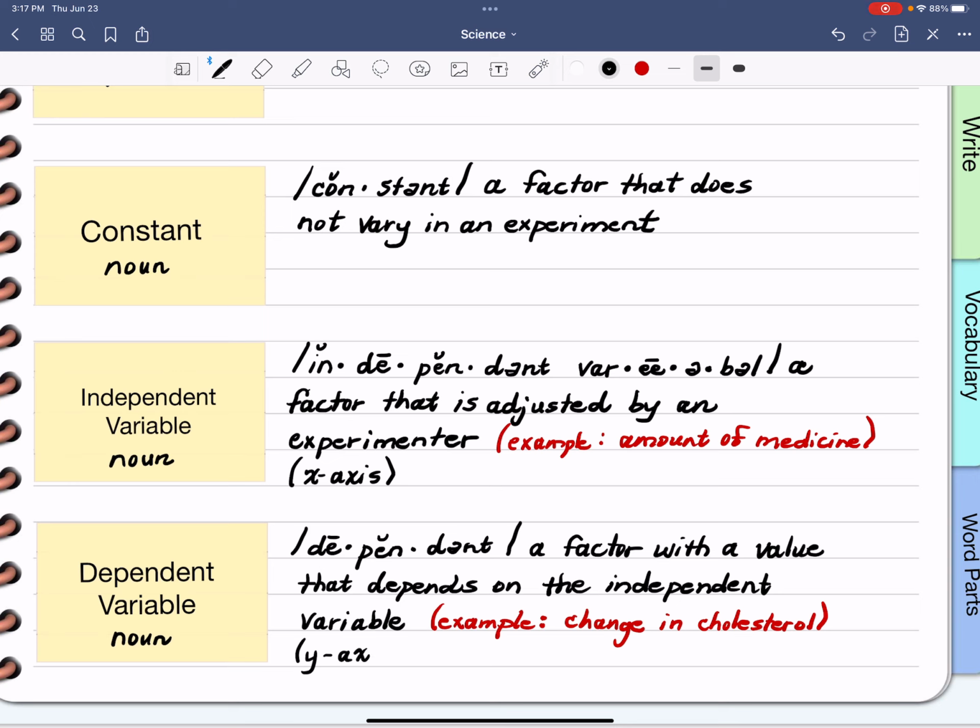So the thing that your experimenter controls is always going to be on the x-axis. And the x-axis runs left to right. The y-axis runs up and down. So we can go ahead and put that in there. This is x, and this is y. And again, I promise I'm going to show you how that works. Just hang on. We can't do all this in one video, but we will get to it.